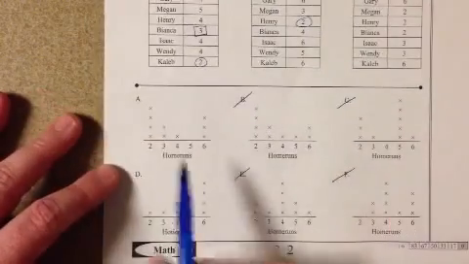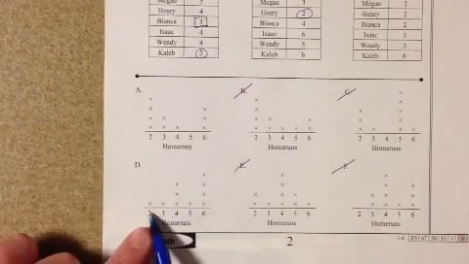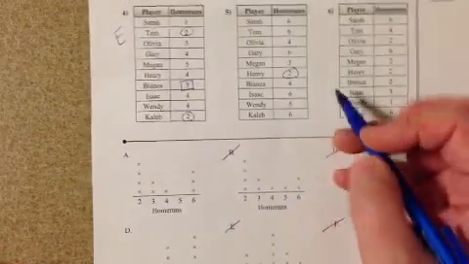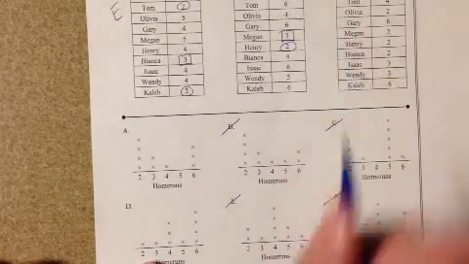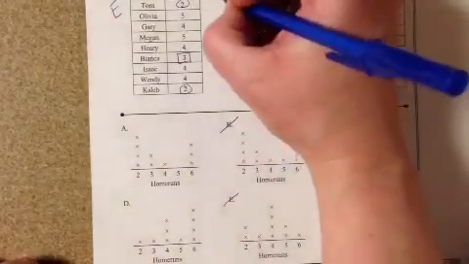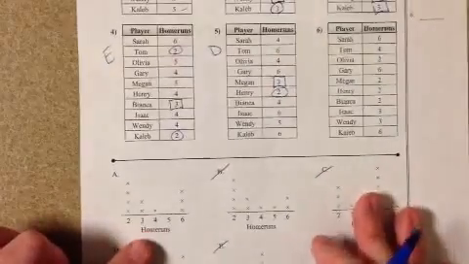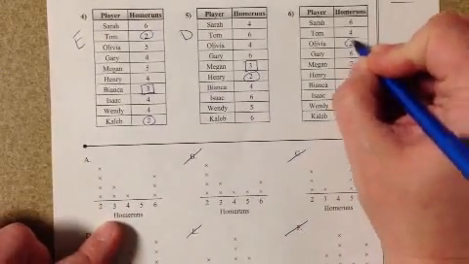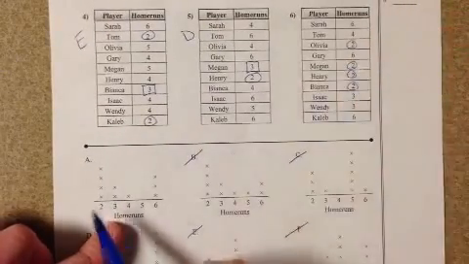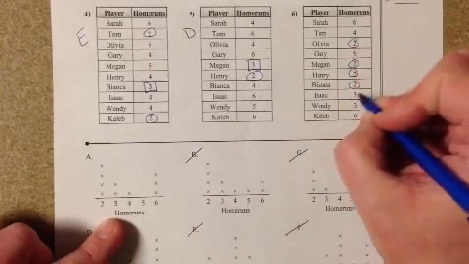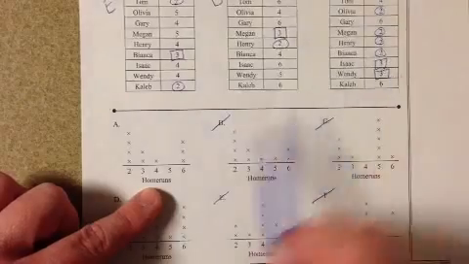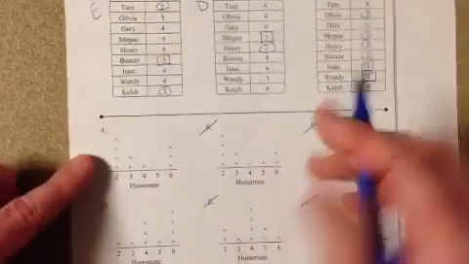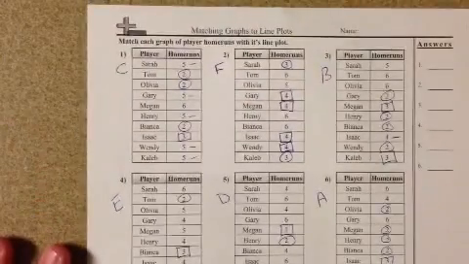Well, the only 2s we have left are A and D. D has 1 2. There's also 1 3, and 3 4s. All right, so we're going to say 5 matches up with D. And then 6 has 4 2s and 2 3s, 1 4, no 5s, and 3 6s. So A will match up with 6.